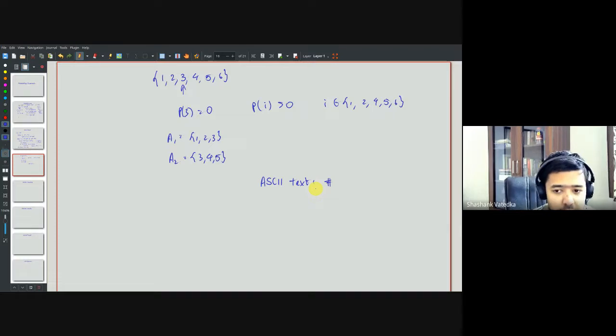So if you want to model that as a random source, then the probability of occurrence of certain symbols is 0. But still, you may want to consider it as part of your sample space because, after all, it's all possible ASCII text.